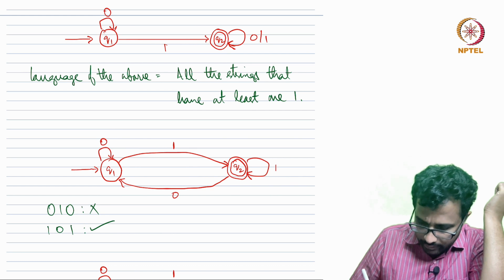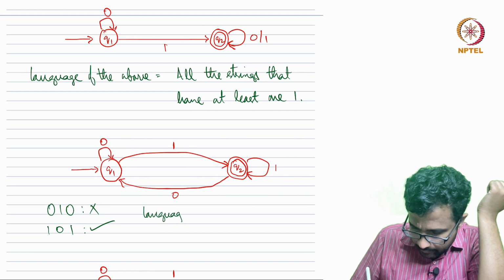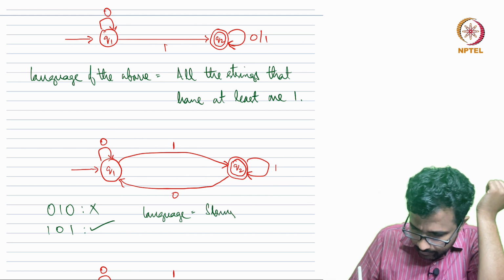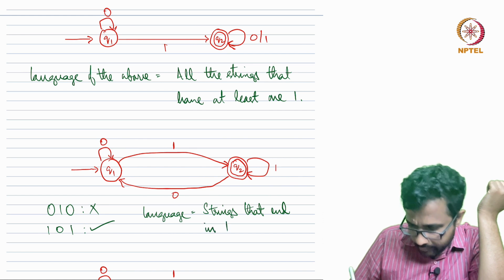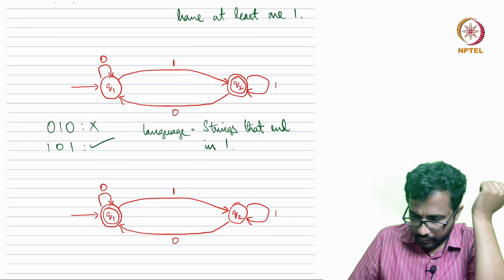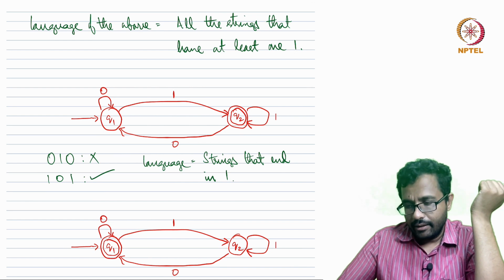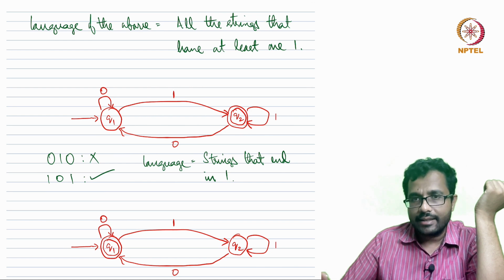So the language is all the strings that end in 1, because if you have to be accepted, you have to end in Q2, and to end in Q2, the last symbol seen should be 1.